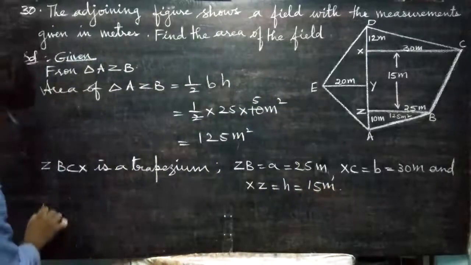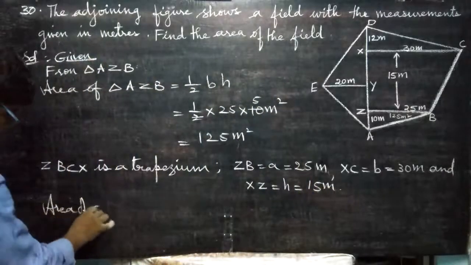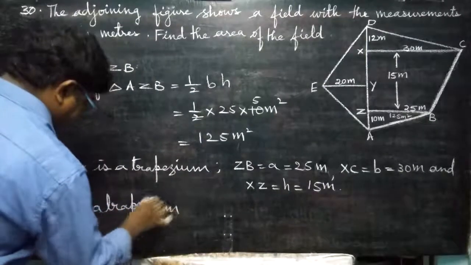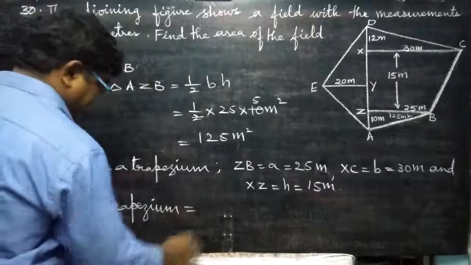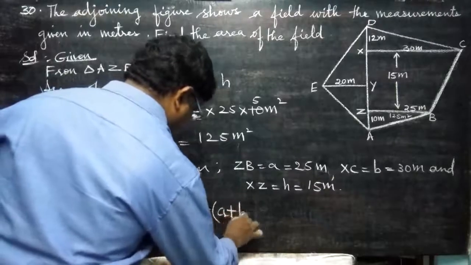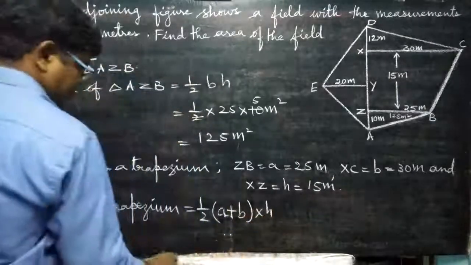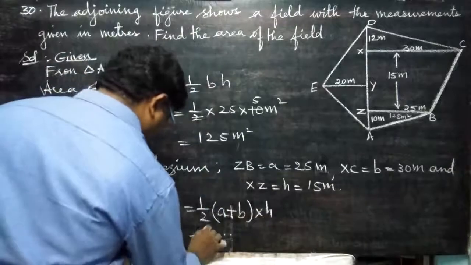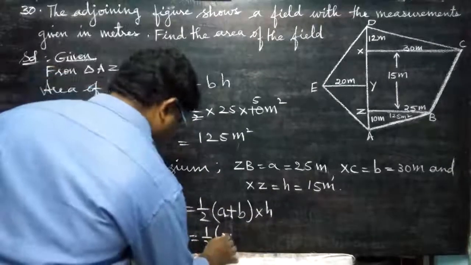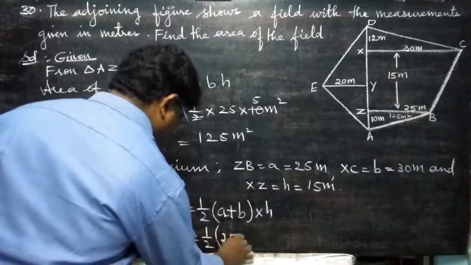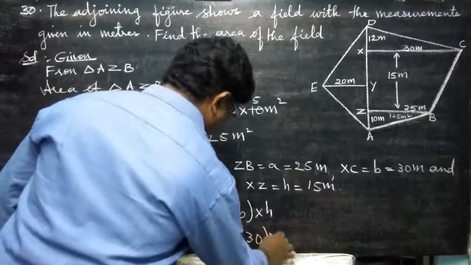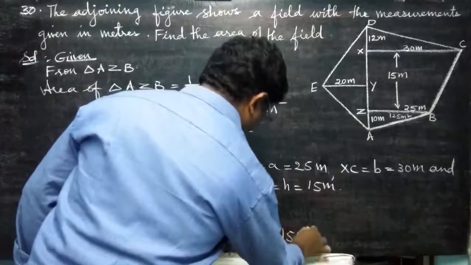Now formula, area of a trapezium. By seeing the shape, you have to tell the name. Half of A plus B into H, that is equal to half A plus B. A means 25 plus B 30 into H 15 meters square.